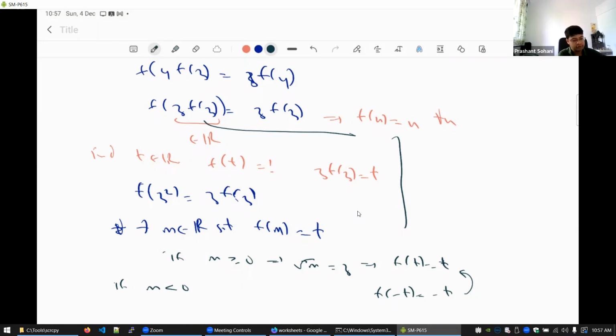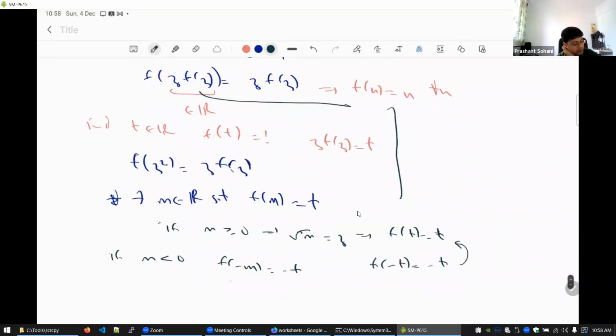I'm not very sure about my argument. So what did you do if m is less than 0? If m is less than 0, then f of minus m is minus t. So minus m is positive, and z can be said to be square root of minus m.